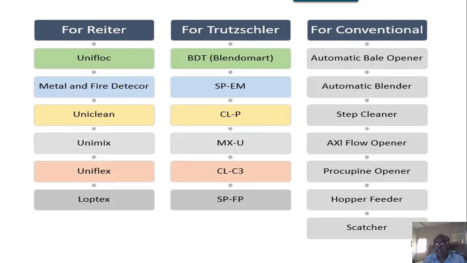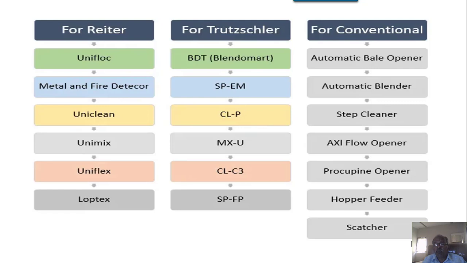Now, while treating, one more point was considered. In the conventional line, a particular opener or beater was said to have a beating point. In this line, of course, the blender was not having any beating point, or the bale opener also was provided with a beater, but it was not assigned a beating point.